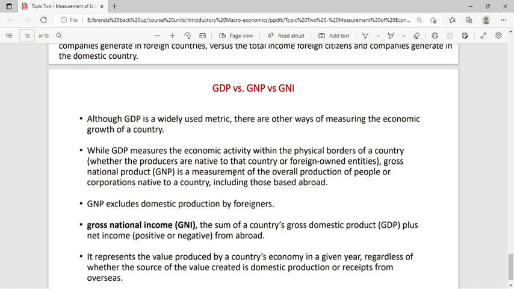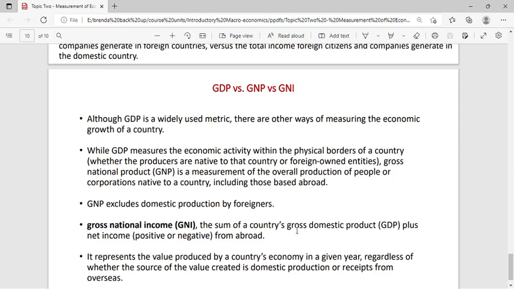Gross national product, we only concentrate on what is produced by the domestic nationals or by the nationals of the country, and then we also add what is produced by our nationals that are out of the country. So that is the difference between gross domestic product and gross national product.